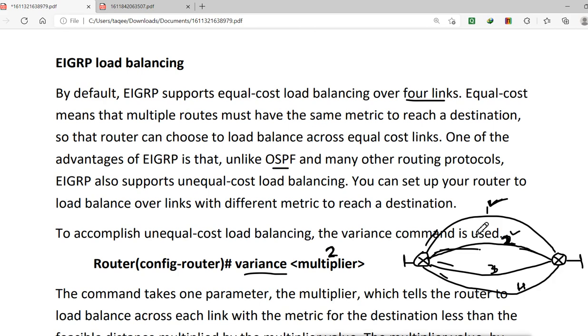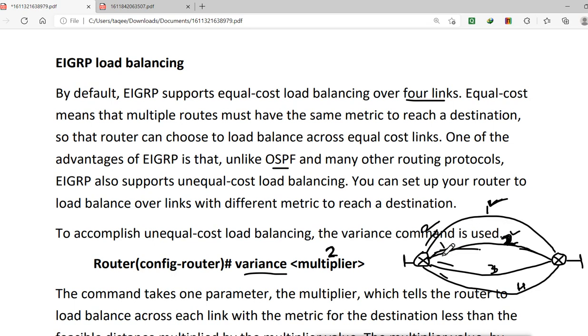And it will send one packet on this side and 2 packets on the other, because this one is faster, this one is double slower, and this one is double faster. It will do the load balancing, and the packets will go quickly.